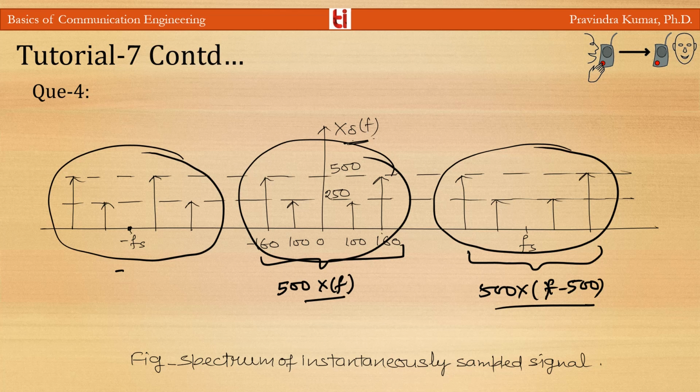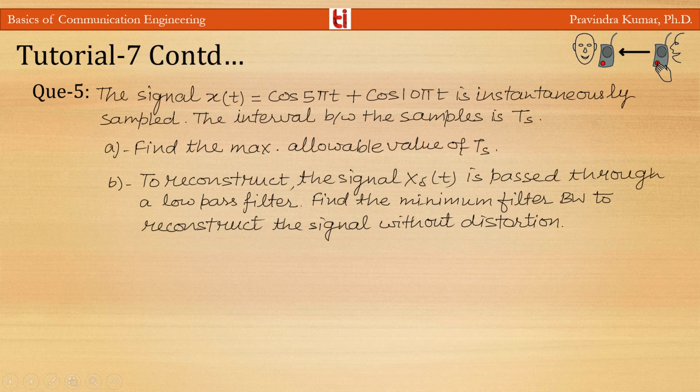So this is the third term, 500 X(f + 500). So this is the spectrum of the instantaneously sampled signal.